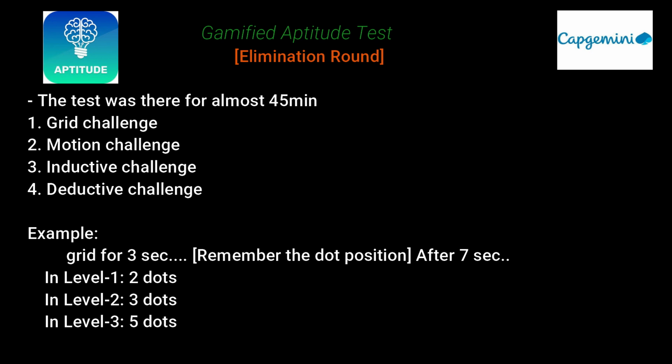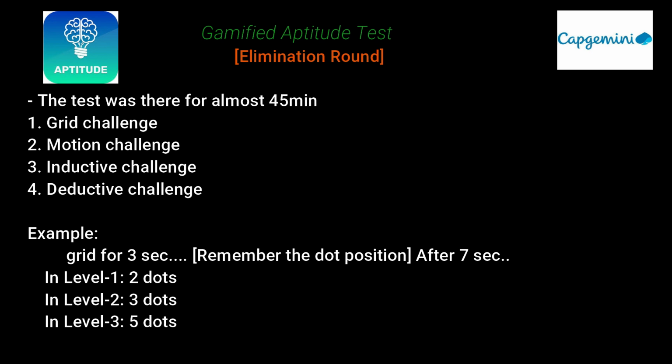In level 1, you have to remember 2 dots, in level 2, 3 dots, and in level 3, 5 dots. All you need to remember is the position of the dots, from the first dot to the last dot. The grid is displayed for 3 seconds, and you remember the first dot. Then it displays another grid, and after 7 seconds it displays the previous grid again.